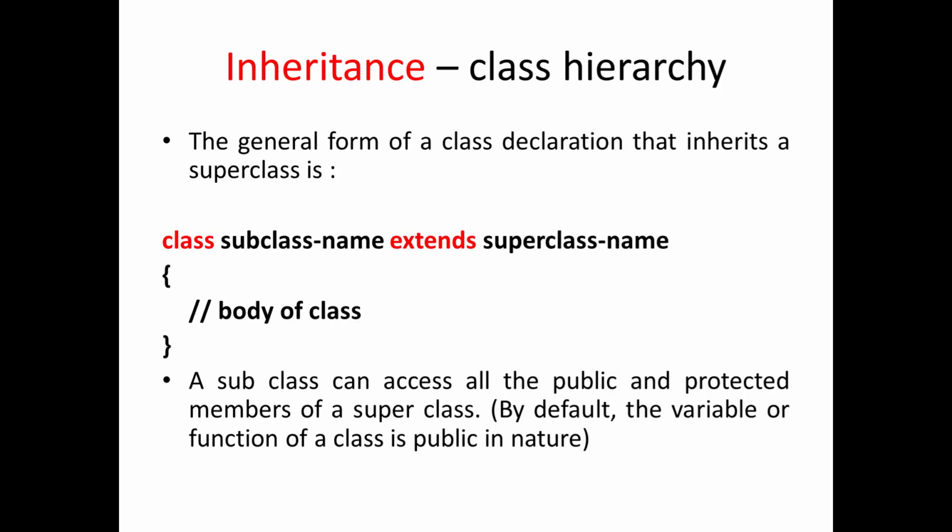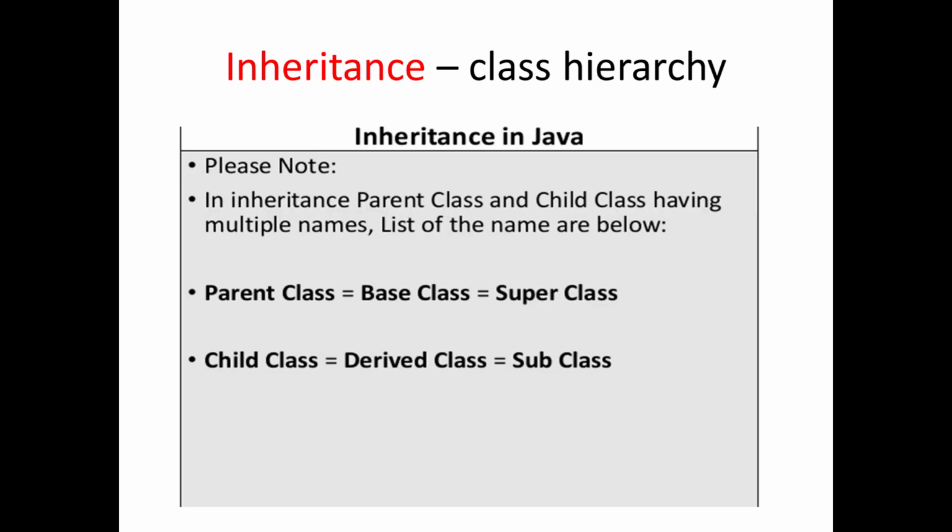The general form of class declaration that inherits superclasses: class, subclass name, extends, superclass name, and inside the curly bracket we need to write the body of the class. And here the class and extends are the keywords, and subclass name and superclass name are the user defined names. Subclass can access all the public and protected members of a superclass.